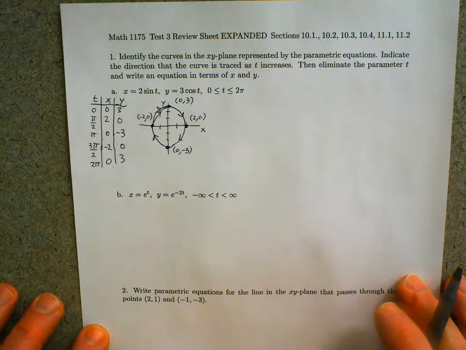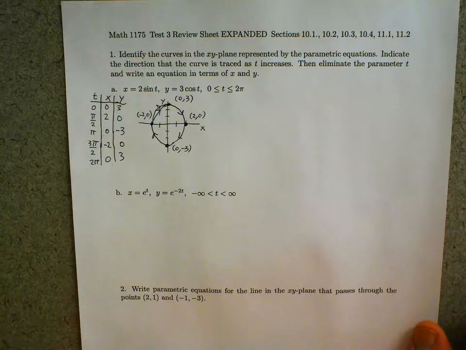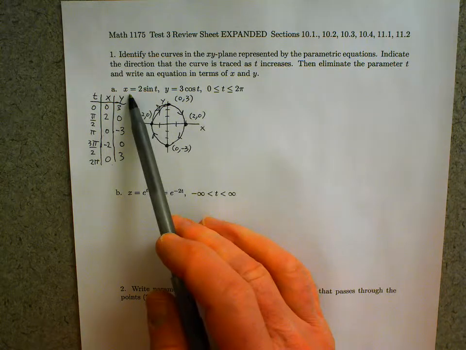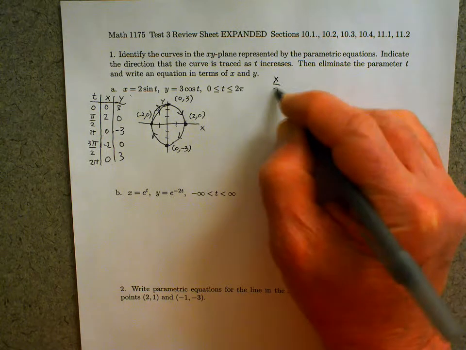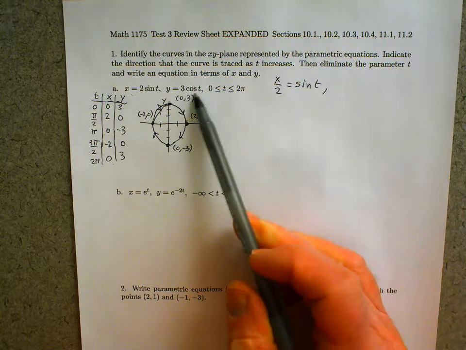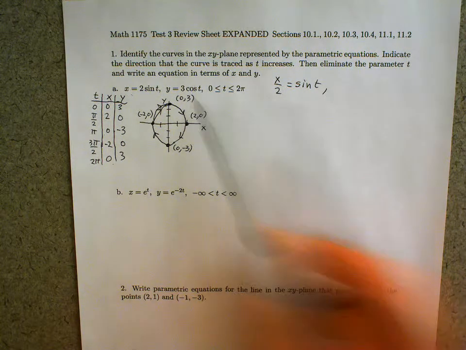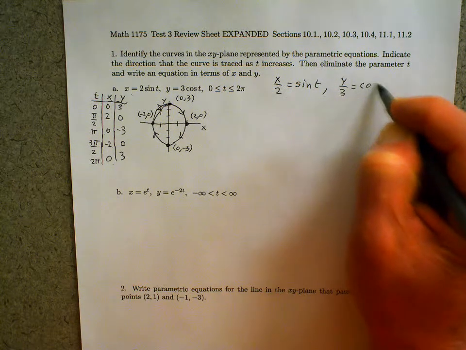And then eliminate the parameter t. So one way to do it is solve for sine of t in this equation. That is, x over 2 is equal to sine of t. And in the other equation, solve for cosine of t to get y over 3 equals cosine of t.